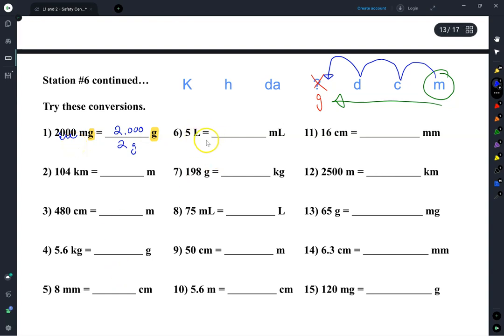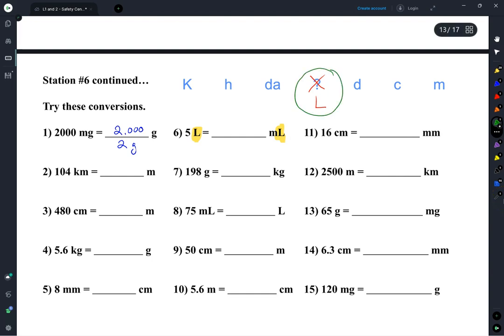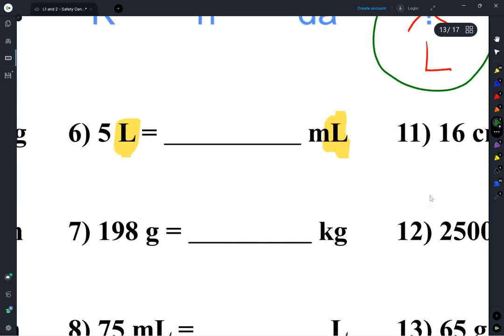Let's try our next example. Since the base units are in liters, I will cross out the question mark and replace it with the liters. I'm now moving from liters to the milliliters, and that requires 1, 2, 3 jumps to the right. So let's do the same with the decimal point. 5, and since there's no decimals here written, I'm going to show it over here, and we're going to jump 3 to the right. 1, 2, 3, and that's where my new decimal place is going to be.